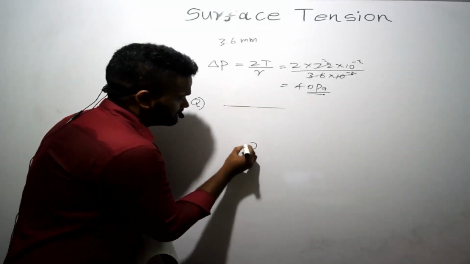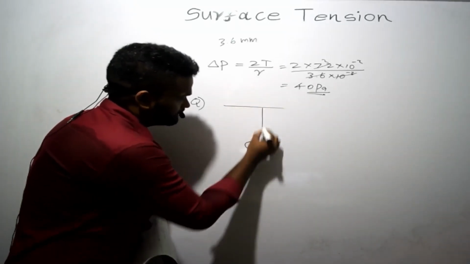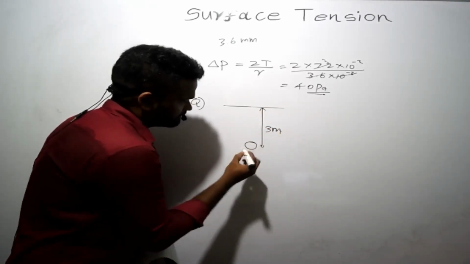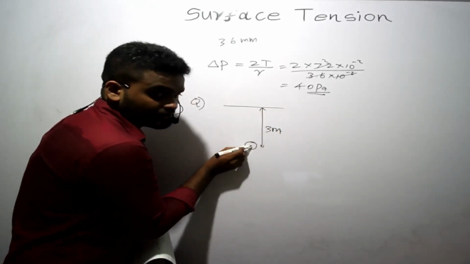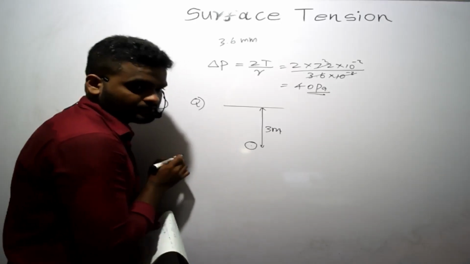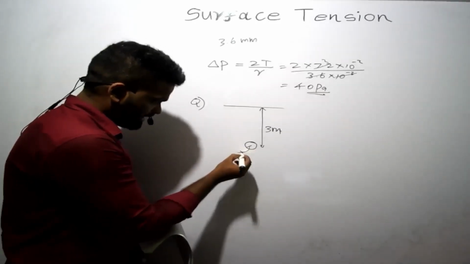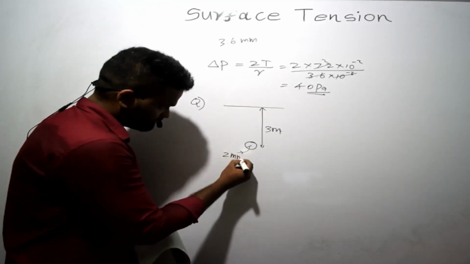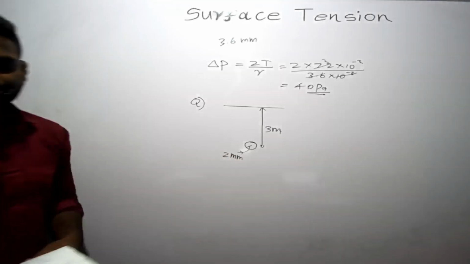So there's an air bubble here. It is at a depth of 3 meters, right? So what they ask is the internal pressure. Radius of it is 2 millimeters. Okay, try that.